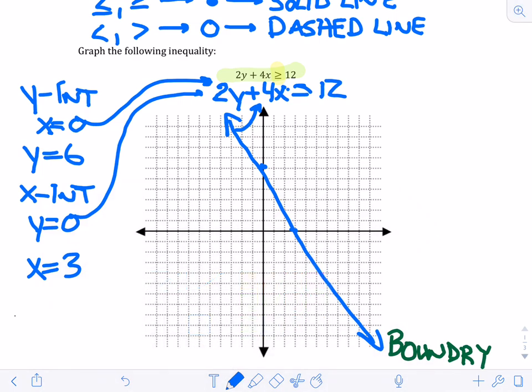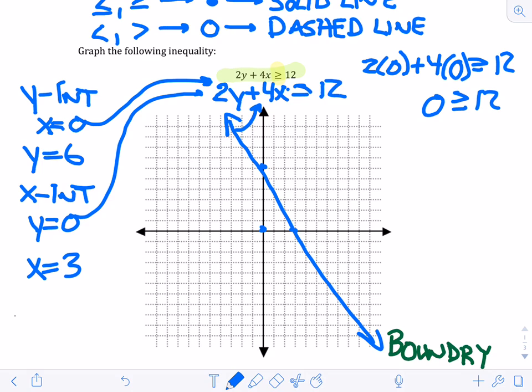Well, let's check with the point 0, 0. Now I like to pick 0, 0 because when I plug that into our inequality, we get 2 times 0 plus 4 times 0 is greater than or equal to 12, which when we simplify gives us 0 is greater than or equal to 12. Now is this true? Absolutely not. 0 is not greater than or equal to 12.